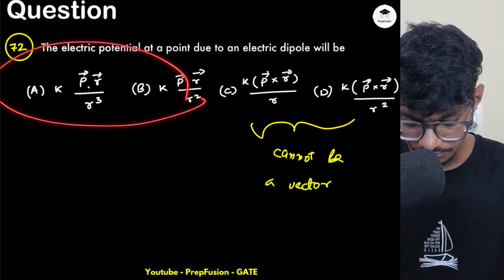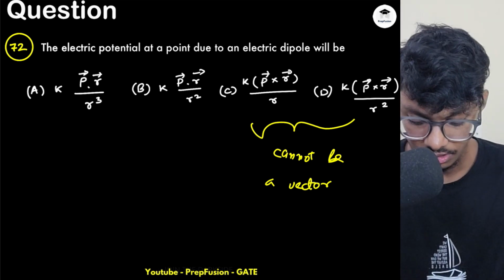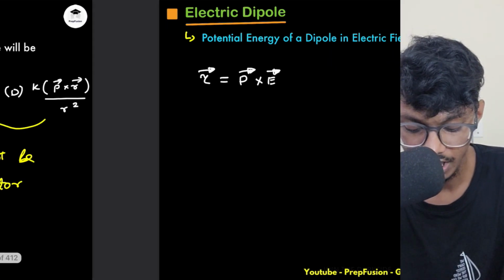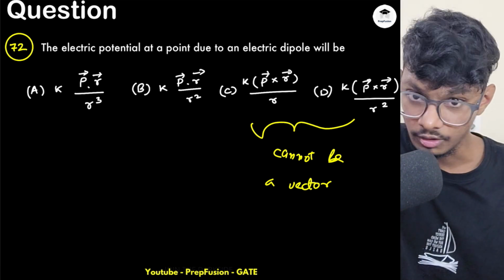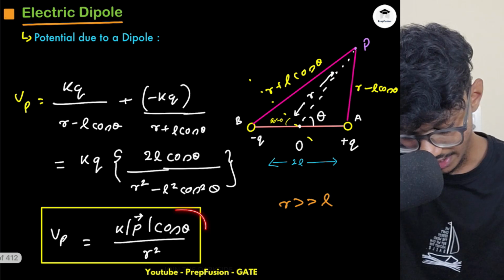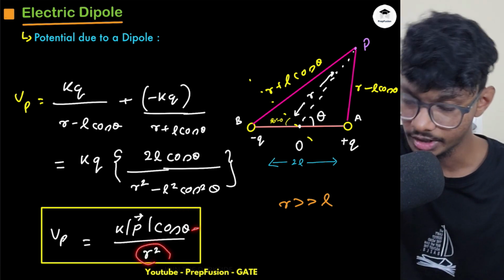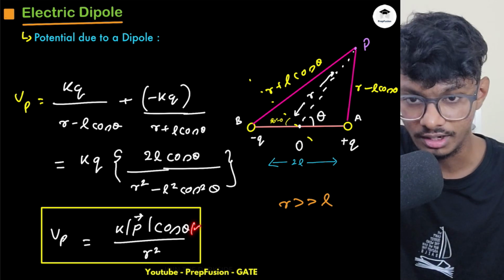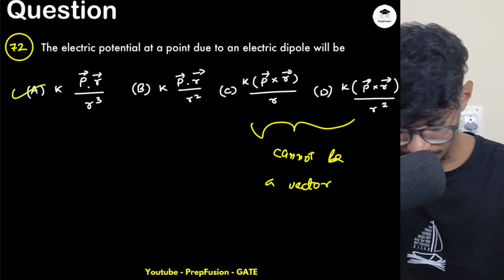But what about this? Here it is P dot r cap by r square. P dot r means magnitude of P into magnitude of r times cos theta by r square. But we don't have the magnitude of r at the top. To get it, we have to multiply and divide by the magnitude of r. So option A will be correct. How?